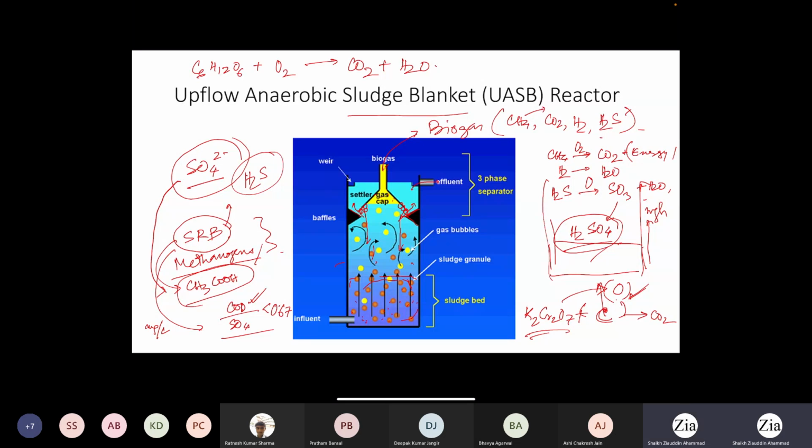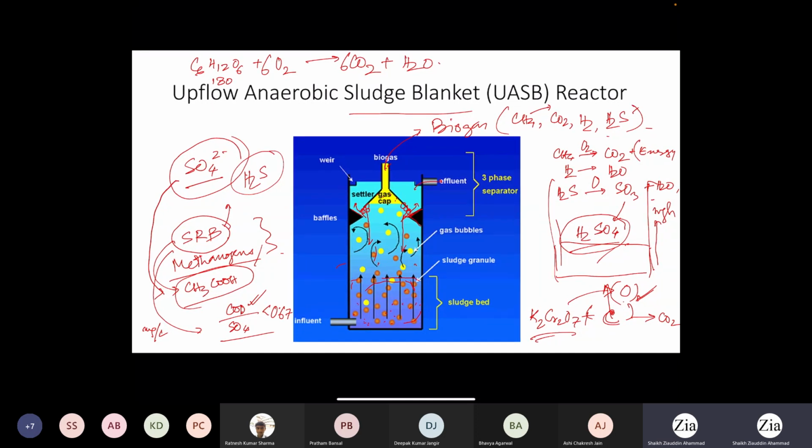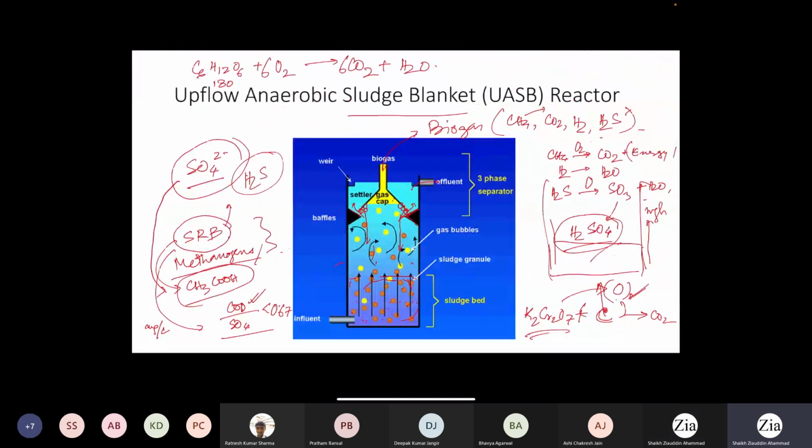So you know how much oxygen is required to oxidize it completely to carbon dioxide. From this equation, we know the molecular weight is 180 gram, and the oxygen required is 6 into 32.